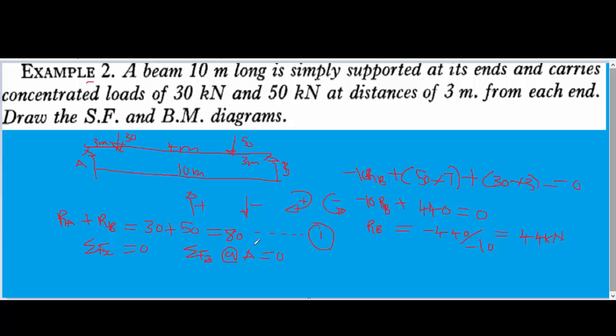We now have our RB, which is equal to 44 kilonewton. We'll substitute into the equation. We now have RA is equal to 80 minus 44, which is equal to 36 kilonewton.